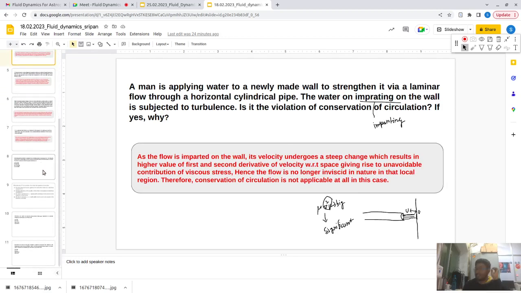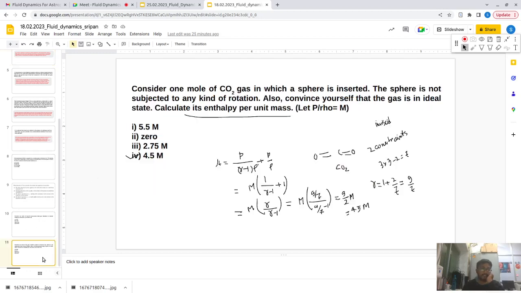And this assignment's submission date was the 15th, right? The third assignment was the 15th. So I was conducting the session after the submission of the assignment, and that can also be a reason, but I don't know how this paper is being conducted this time.